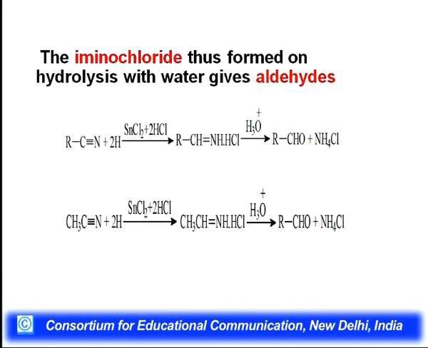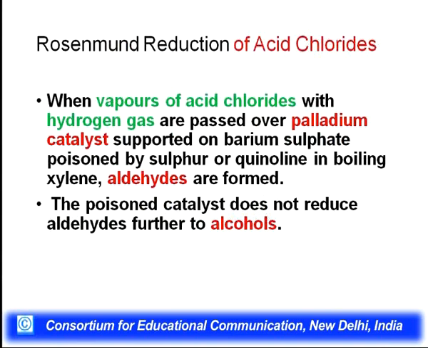Now if we go on to the next reduction reaction, we can prepare aldehydes by reduction of acid chlorides. What we do in this reaction is we take vapors of acid chloride with hydrogen gas and pass them over palladium. But we know palladium is a very good catalyst, and if we do this reaction, then we would simply get an alcohol.